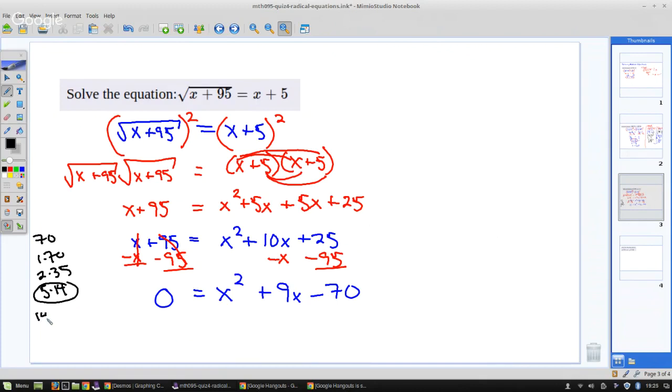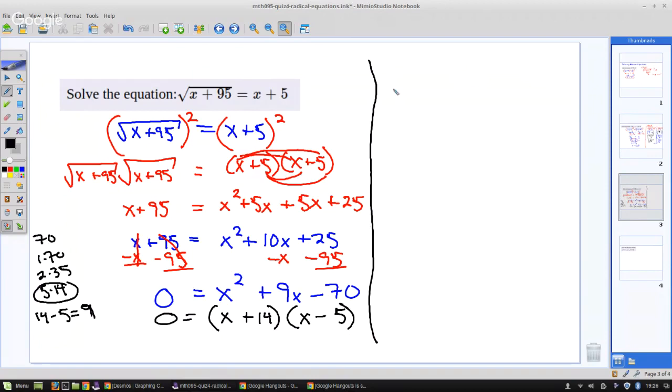Because if I take 14 minus 5, I get 9. All right, so since it's a 1x squared, I'm going to do factor by guessing now. That means I'm going to have an x plus 14 as one factor, and x minus 5 is the other factor. Not done, so that tells me x plus 14 equals 0.